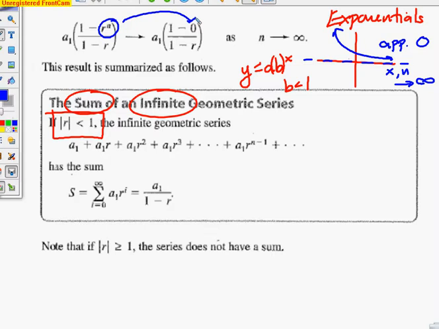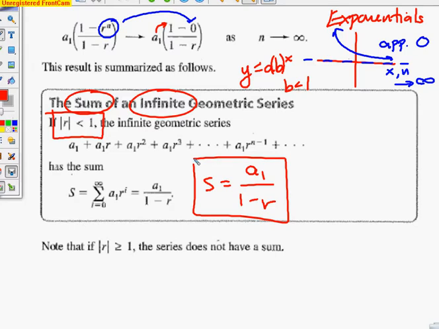So the numerator now just becomes a 1, and we bounce this a sub 1 to the top. And that's how this formula comes to be. So again, hopefully that explanation helps a little bit to understand why that r to the n goes away.